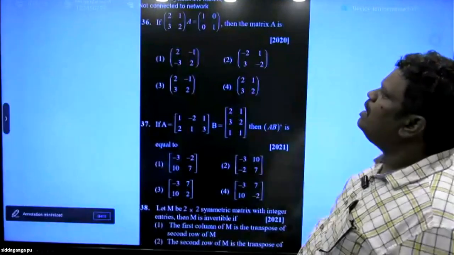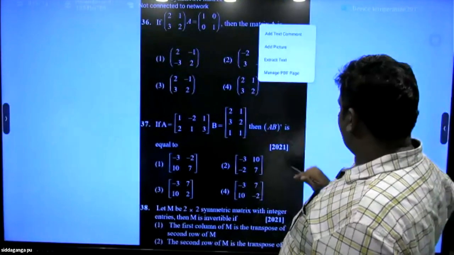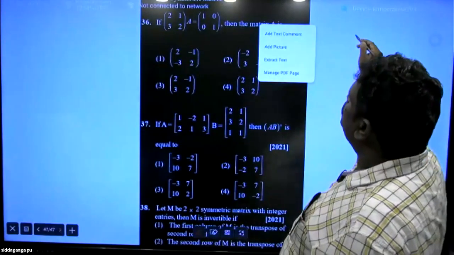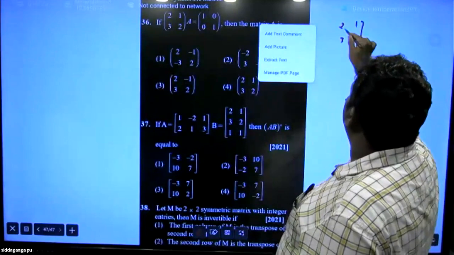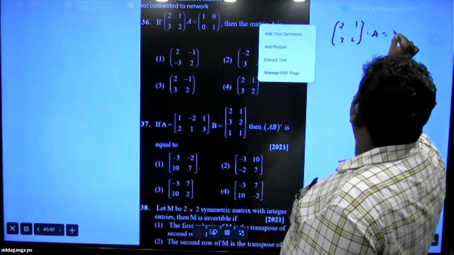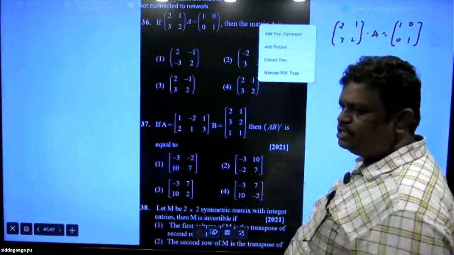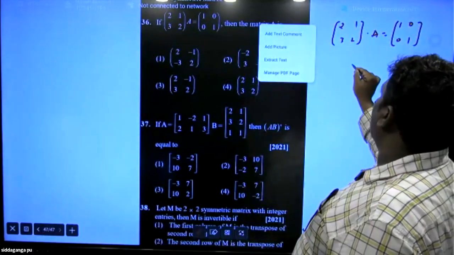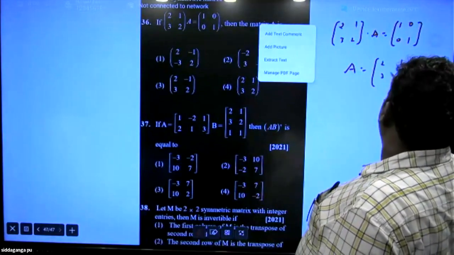Next one, Sima, the 36th question. A into the matrix 2 1 3 2 is equal to the identity matrix. As already told, whenever the product of two matrices is equal to the identity matrix, one is the inverse of the other. So A is equal to the inverse of 2 1 3 2.